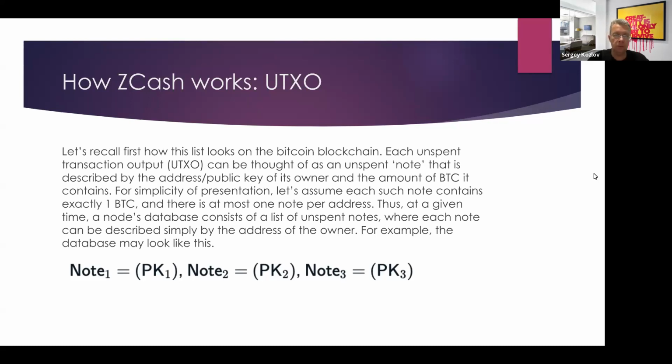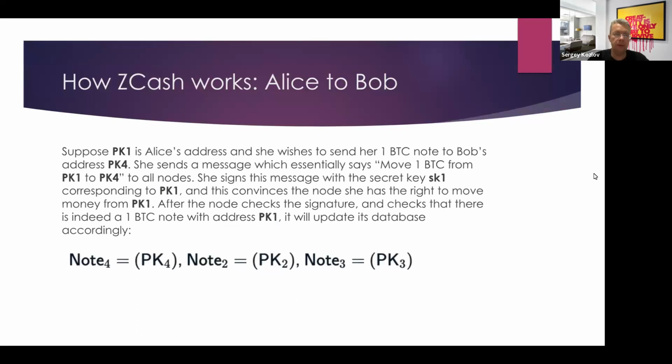So we start with this. Then if we want a transaction, so the change of ownership of one Bitcoin, let's imagine that Alice sends one Bitcoin to Bob.